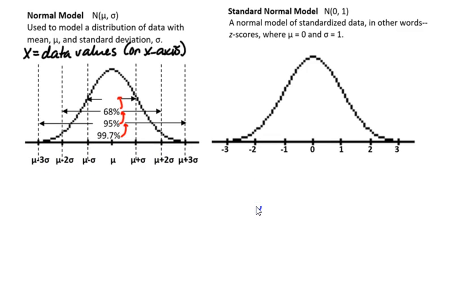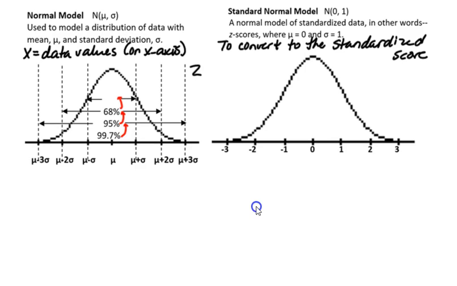Now, a z-score, you know, is the standardized score. So to convert to the standardized score, we're going to have to use our z-score formula. So remember that the z-score, which I'm just going to call z, is the data value minus the mean divided by the standard deviation.